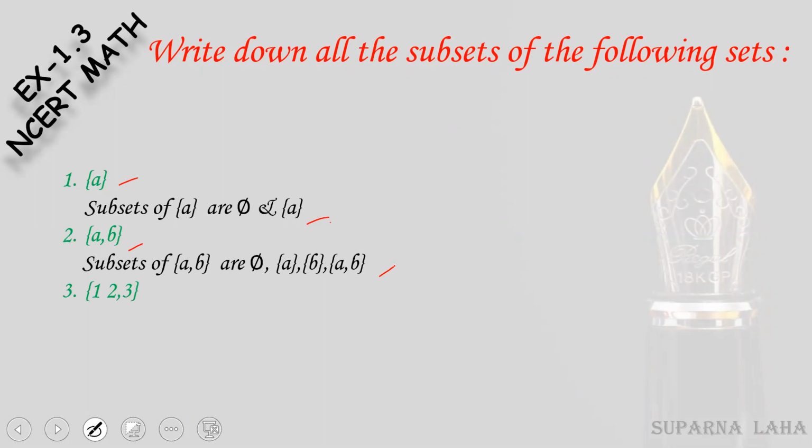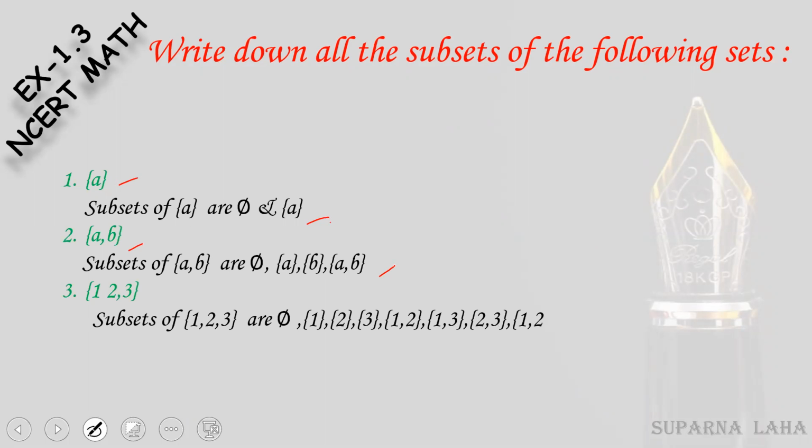Now for three elements, 1, 2, 3. Let's check the number of subsets. So phi, {1}, {2}, {3}, {1,2}, {1,3}, {2,3}, {1,2,3}. So that means 1, 2, 3, 4, 5, 6, 7, 8. Total number of subsets is 8.